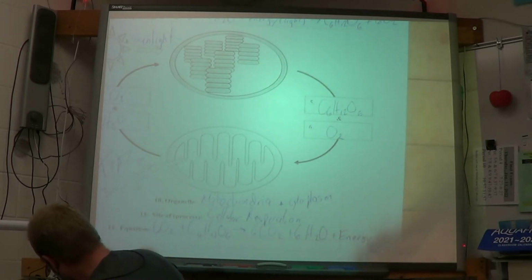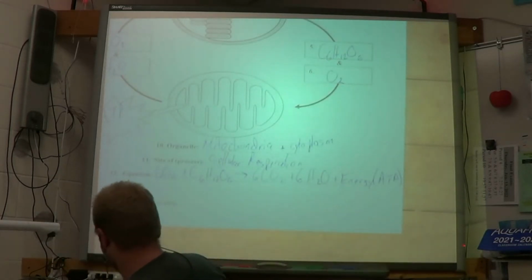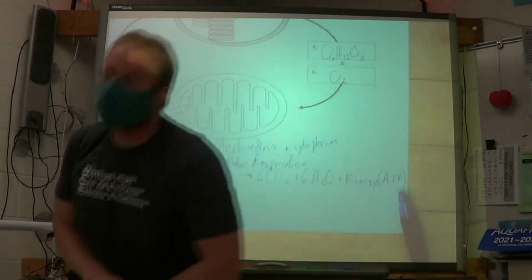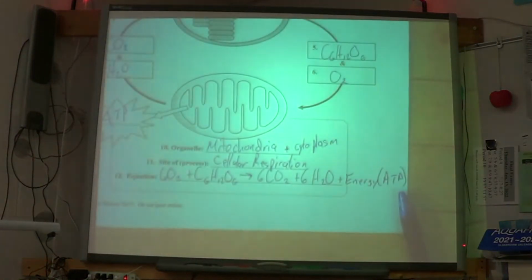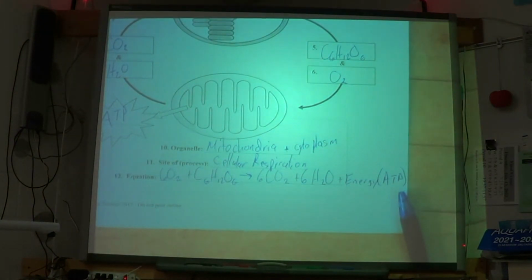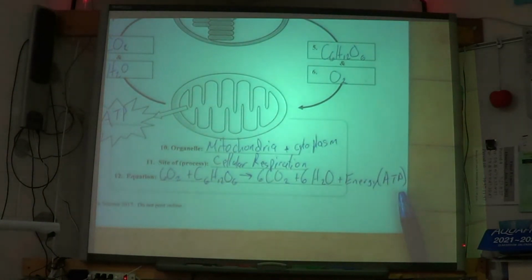But this time the form of energy is not sunlight, it's ATP energy. It's energy in the form of ATP, which is the energy that your cells use to do all the things that cells do. Should have done that a little while ago so it was easier to see. My apologies.